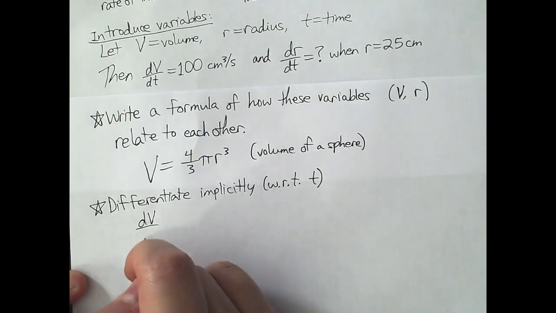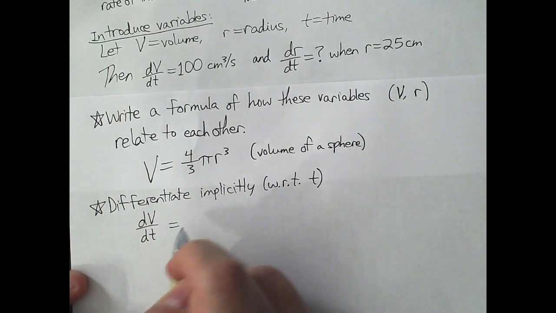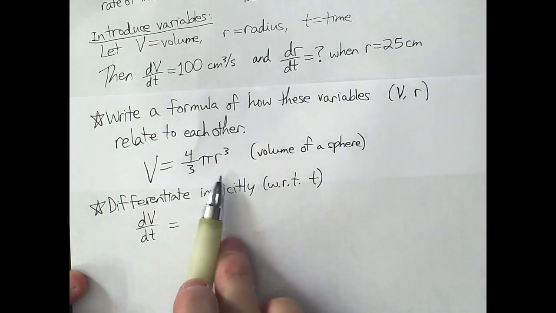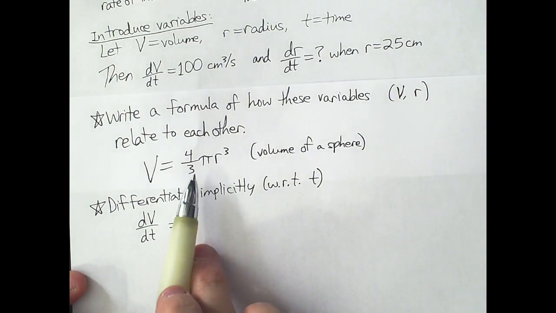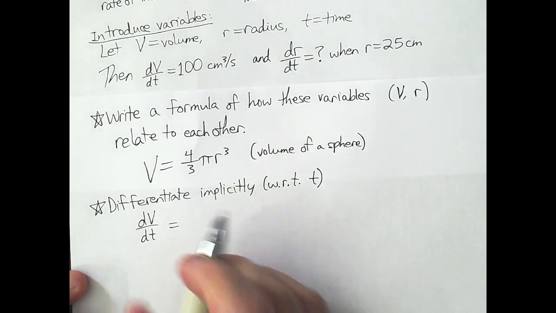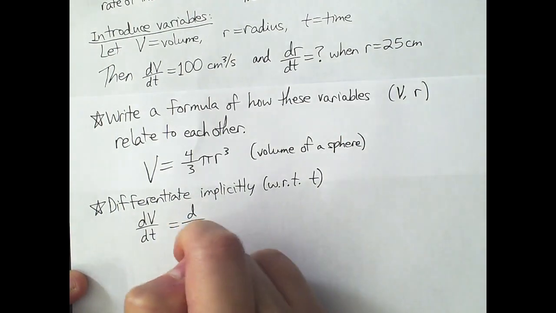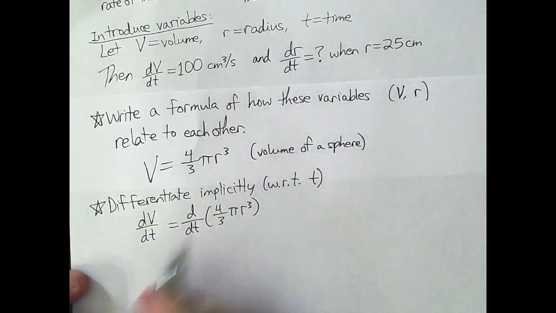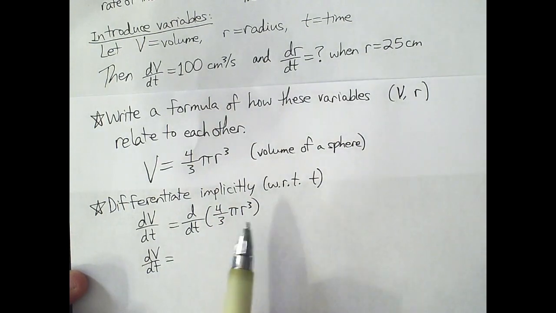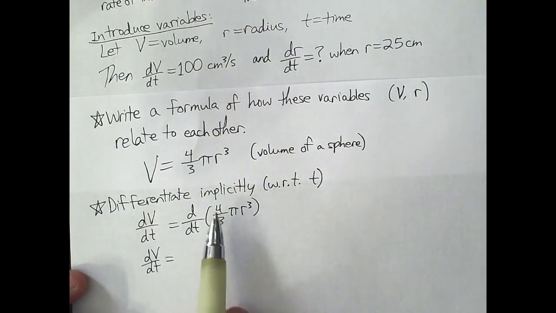So the left-hand side becomes dV/dt. The right-hand side, what happens when I do d/dt of the right-hand side? 4/3 is just a constant. That can stay. Pi is just a constant. Do you see that the 4/3 is a constant?